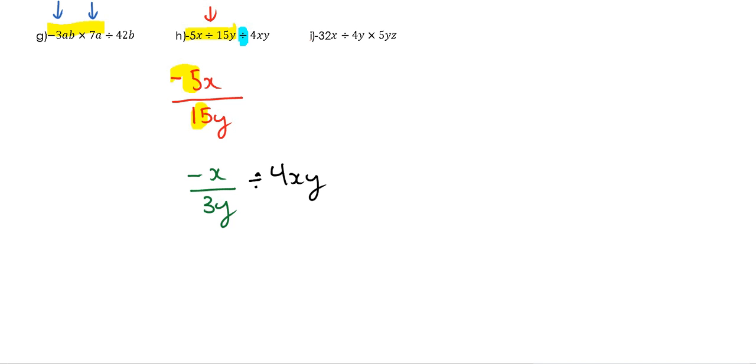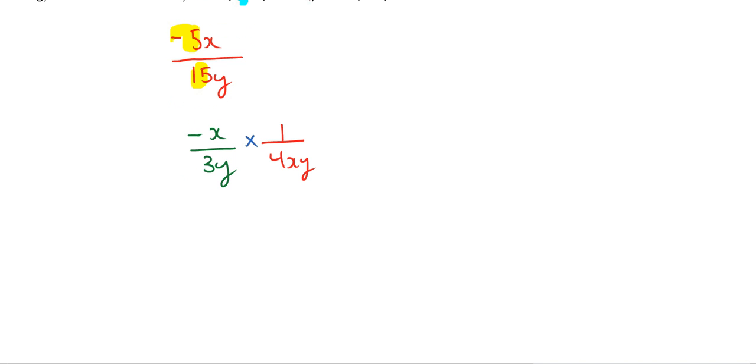And I'm going to put this 4xy over 1, and you probably know what I'm going to do next. I'm going to change this division sign to a multiplication sign, and then I'm going to have 1 over 4xy. And after that, you just multiply. What is negative x times 1? Negative x times 1 is negative x, divided by, well, what's 3 times 4?